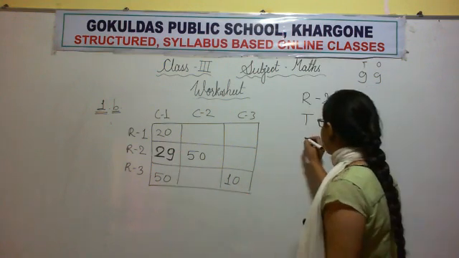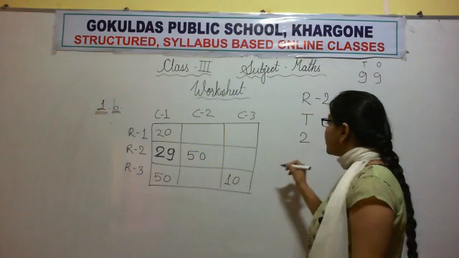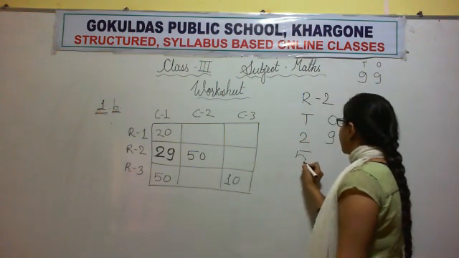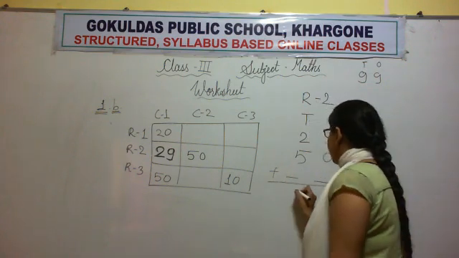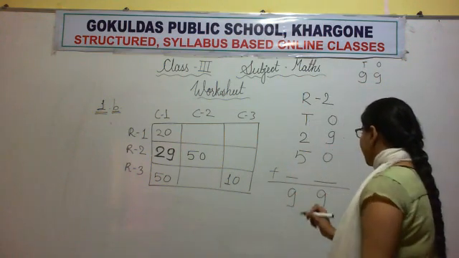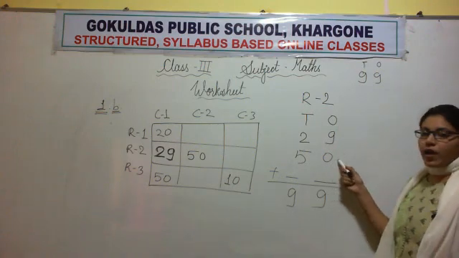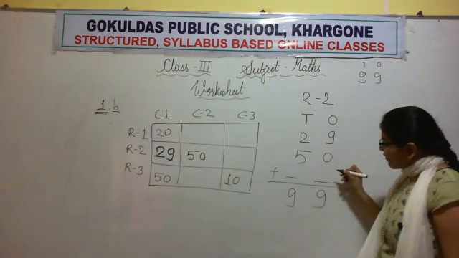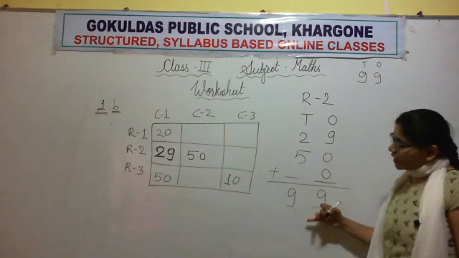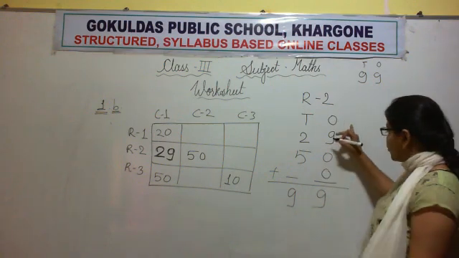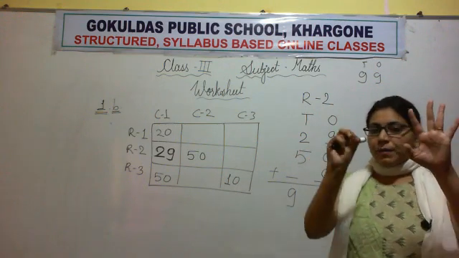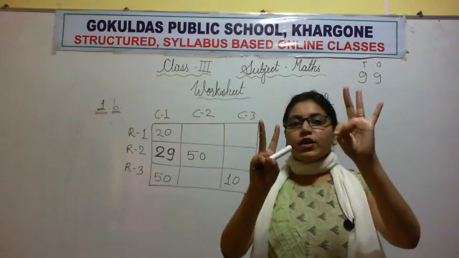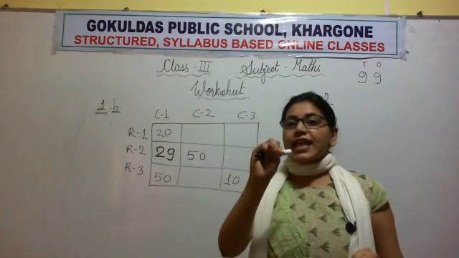So row number 2 is having 29 as first number and 50 as second number. Third number we have to find and sum is 99. So 9 plus 0 is 9. So when we add another 0 to it, it will remain 9 only. So we are done with ones now. 5 plus 2 is 7.